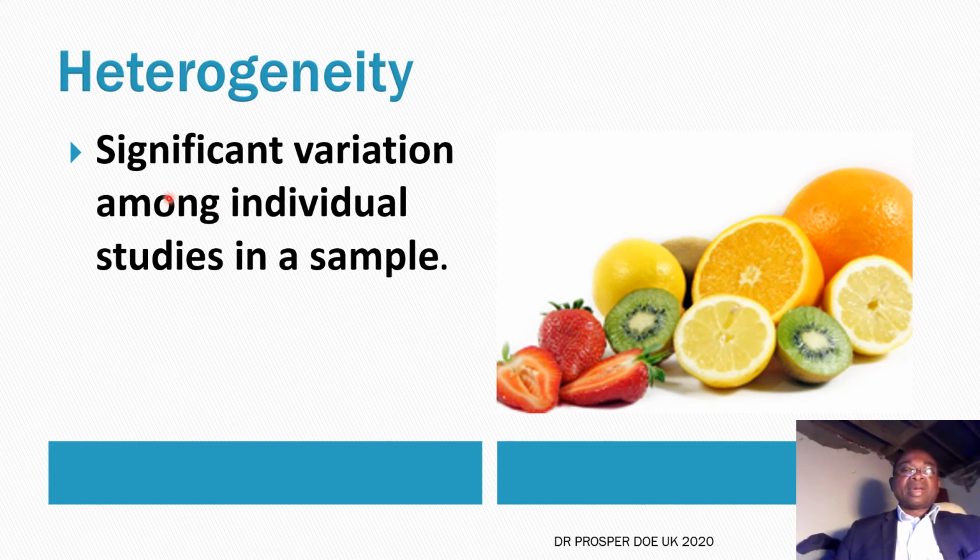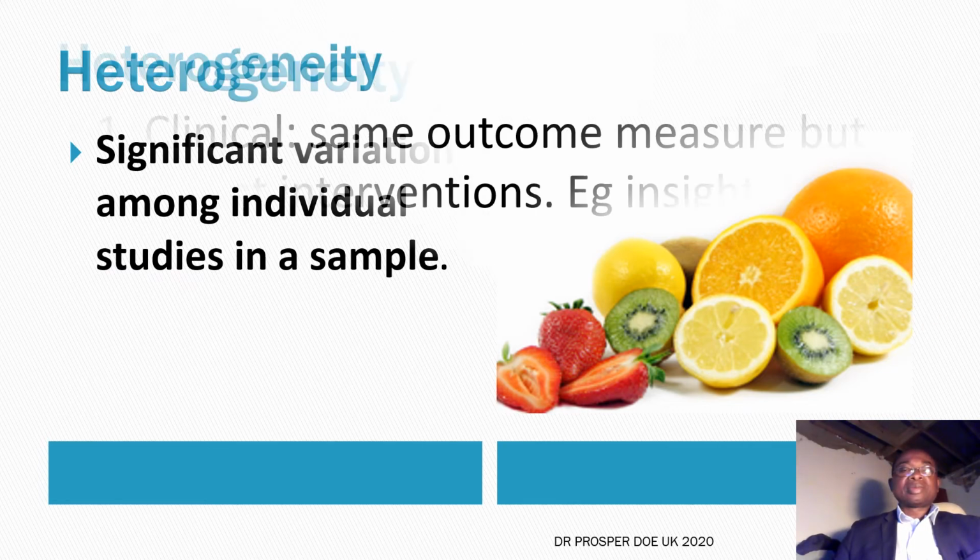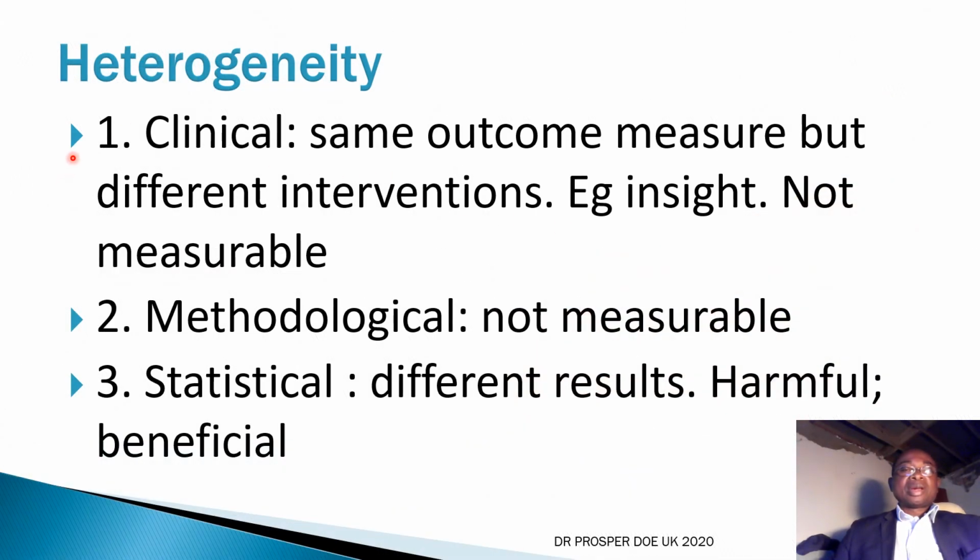Heterogeneity refers to significant variation among individual studies in a sample. There's clinical heterogeneity, which is the same outcome measure but different interventions.